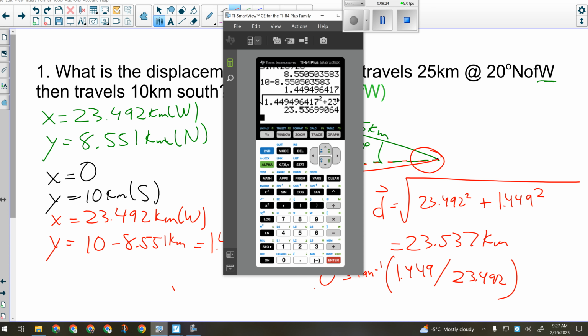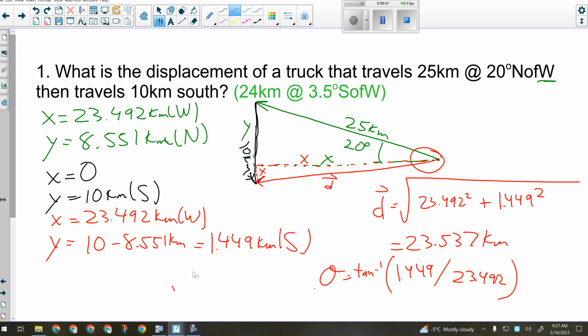And again, I'm going to keep all those decimals. So second tan of that number there. All right, so I'm getting 3.53 degrees. And for me, that's going to be south of west.